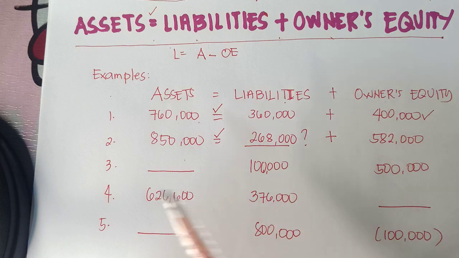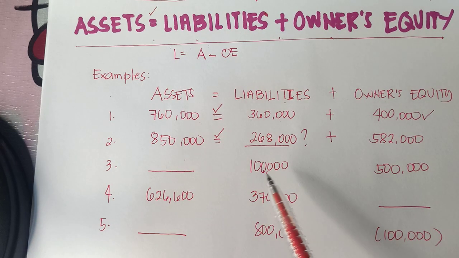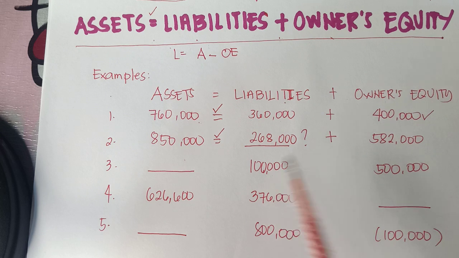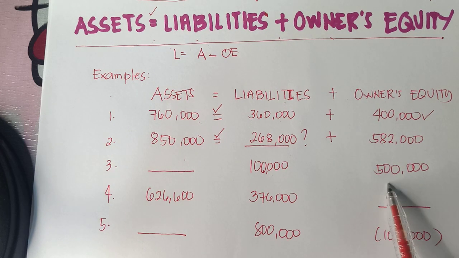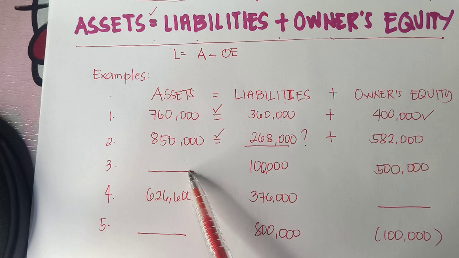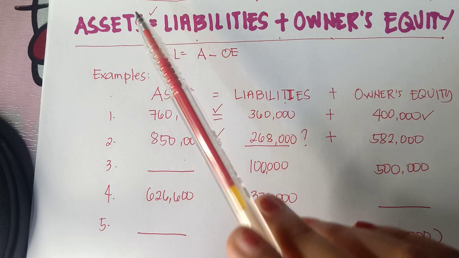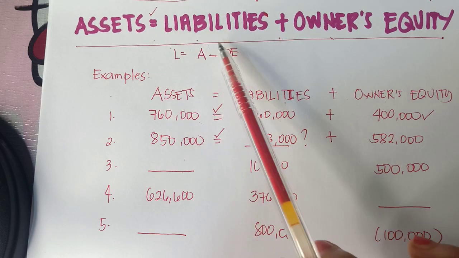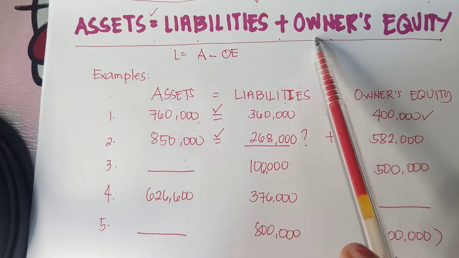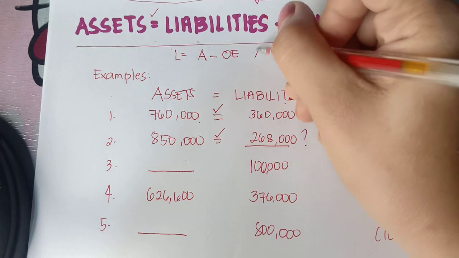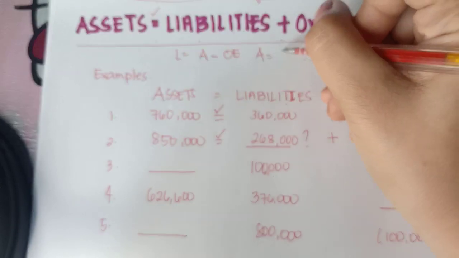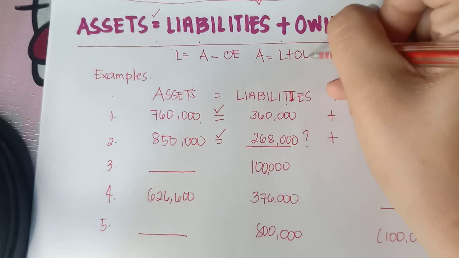Next, number 3. The liabilities is given, which is 100,000, and the owner's equity is given, which is 500,000. Now, let's find the value of the assets. So, go back again to our accounting equation, which is assets is equal to liabilities plus owner's equity. To find the asset, asset is equal to liabilities plus owner's equity.